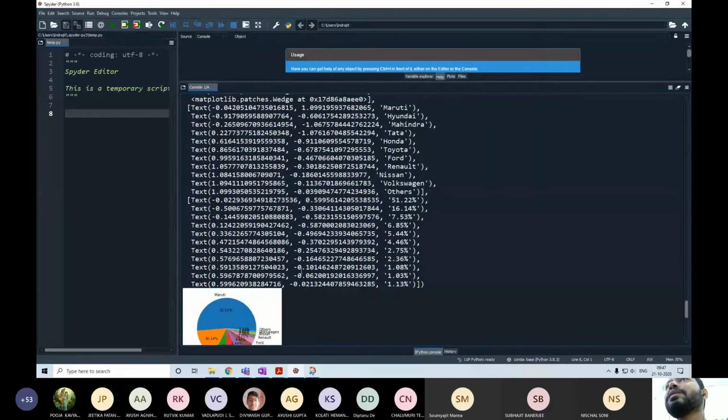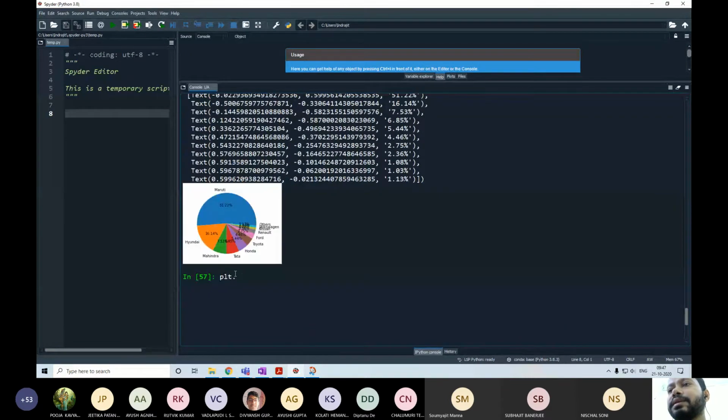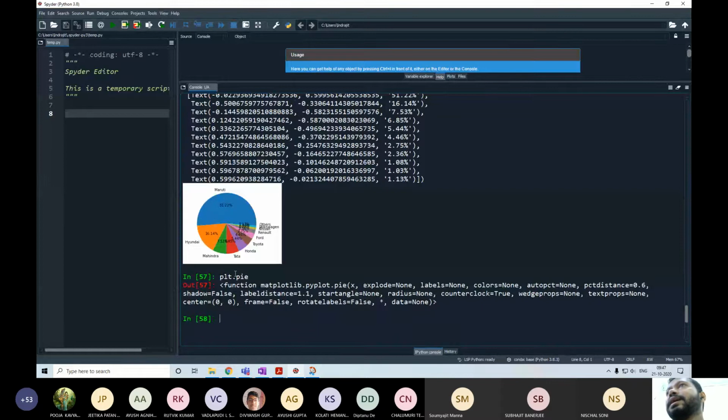So let me call this function plt.pie. This function has many auxiliary inputs. I think there is one input called explode. Explode means if you want to slice out a particular category, it will show highlighted. Let's see if it works.